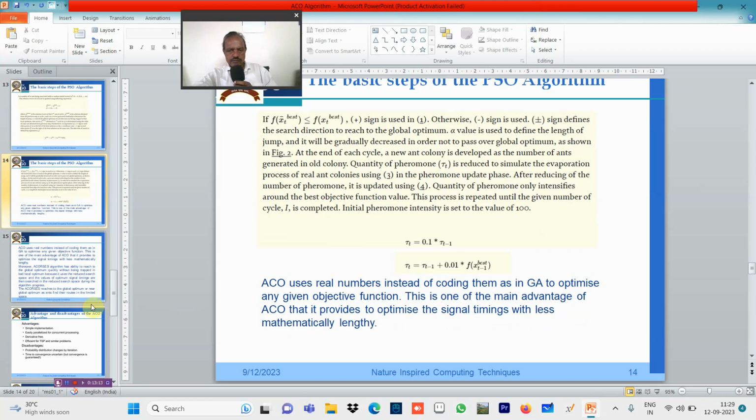Just go through this algorithm. This ACO uses real numbers instead of coding them as in the genetic algorithm to optimize any given objective functions.